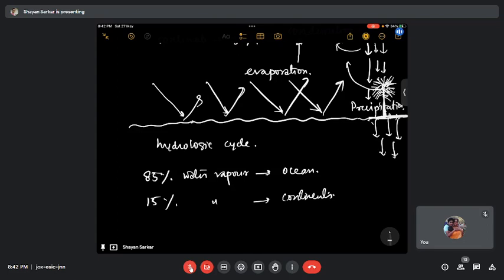So whatever the amount of evaporation is, approximately 85% of the evaporation of water vapor is contributed by ocean, and around 15% of the water vapor that is being evaporated is contributed from the continents.